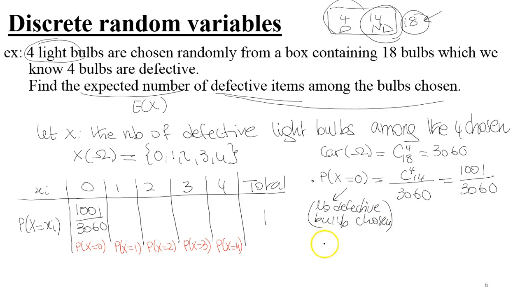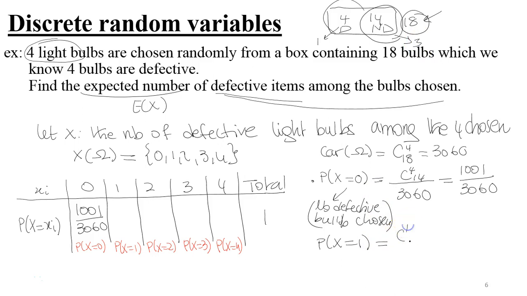Now similarly, the probability of X equals 1 is the probability of the event corresponding to choosing 1 defective and 3 not defective. Out of the 4 that are defective, I'm choosing 1, and out of the 14 that are not defective, I'm choosing 3.